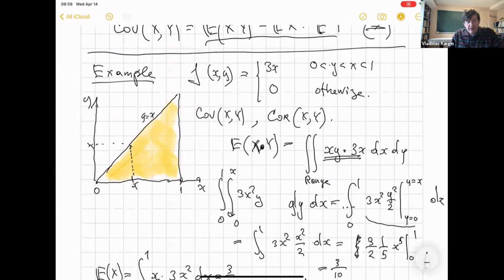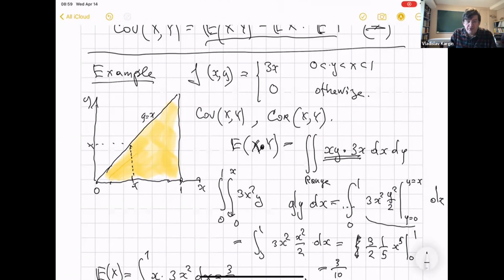So if you know that x is small, then y must also be small, right? From the fact that it is a triangle, if x is small, then y cannot be larger than x, so it's also small.